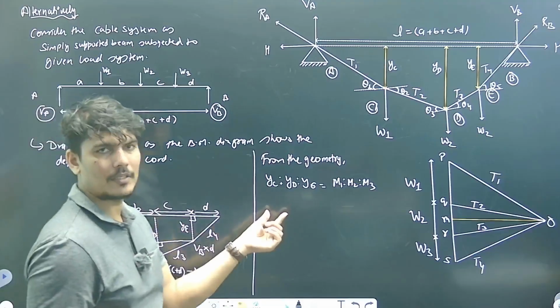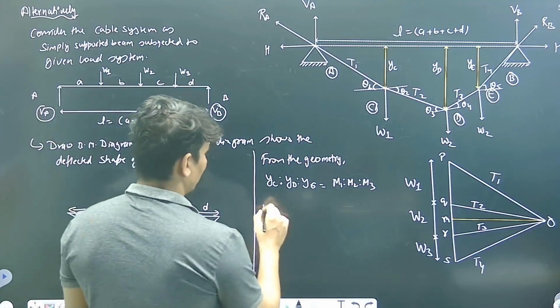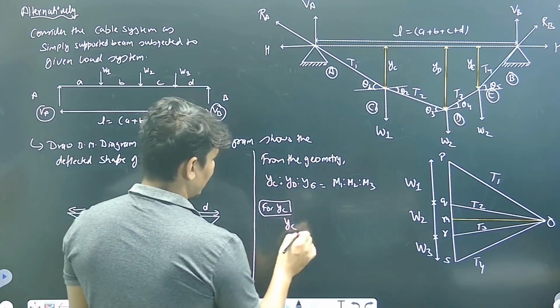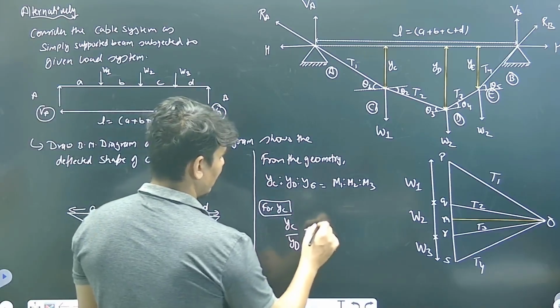Suppose you want to calculate the dip YC. Take the ratio YC by YD equal to M1 by M2.